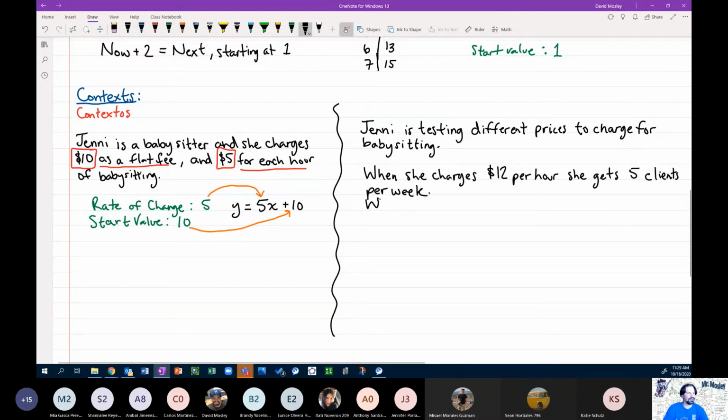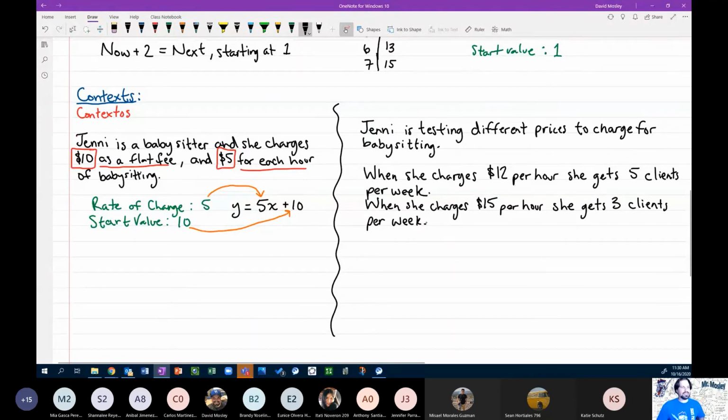Okay, when she charges $15 per hour, she gets 3 clients per week. So this is my context, okay?